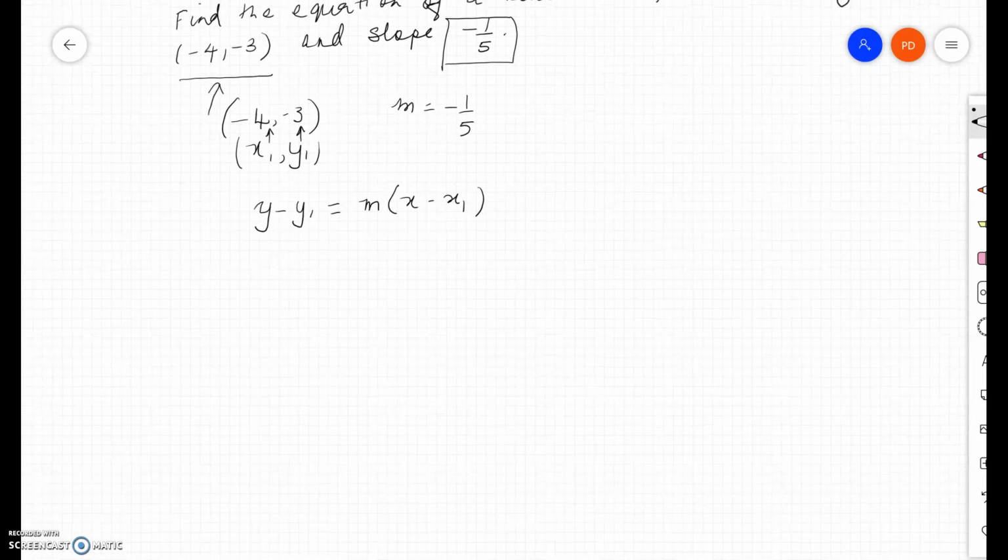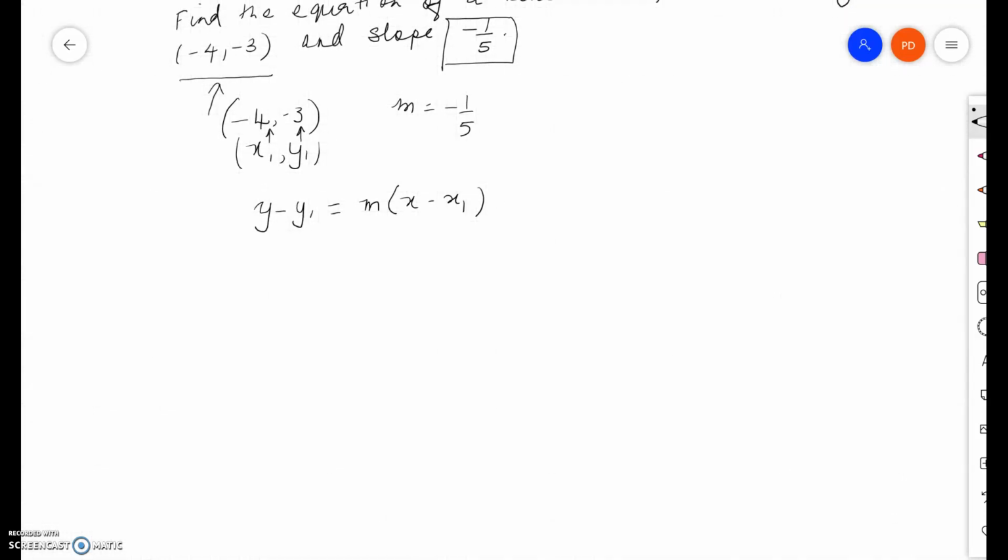Now, in order to find the equation of the line, we just plug in the specific points. Y, leave the y alone, minus, replace the y1 with -3, because y1 is -3. The slope m is -1/5, so we replace the m with -1/5 times x minus, and we replace the x1 with a -4.